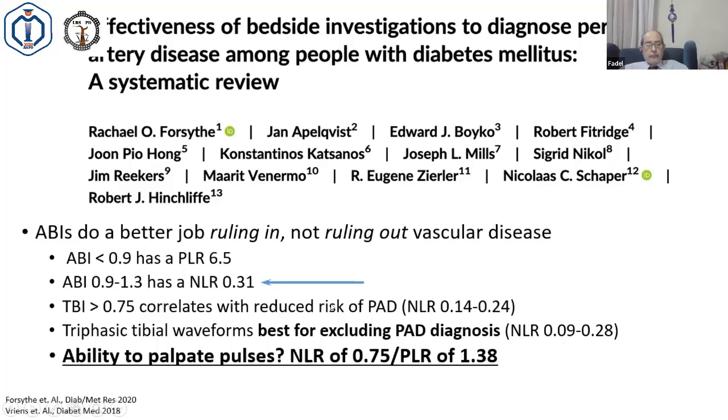Those greater than 0.75 correlated with a reduced risk of PAD with a negative likelihood ratio of 0.14 to 0.24. But triphasic tibial waveforms were the best for excluding a PAD diagnosis with a negative likelihood ratio of 0.09 to 0.28. The ability to palpate pulses, a negative likelihood ratio of 0.75 with a positive likelihood ratio of 1.38.